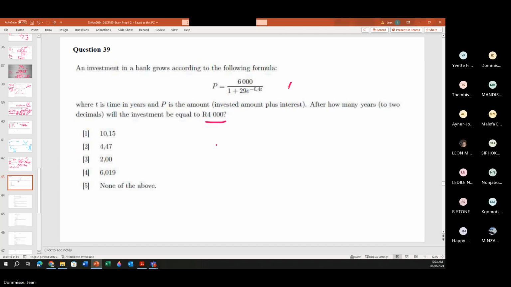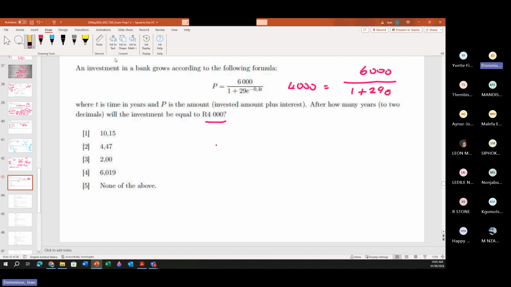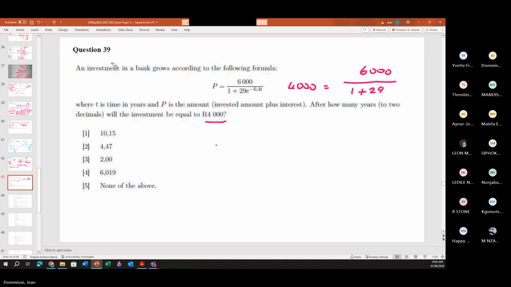So 4,000 will be equal to 6,000 divided by 1 plus 29 e to the power. Let's just make 100% sure that looks like an e.